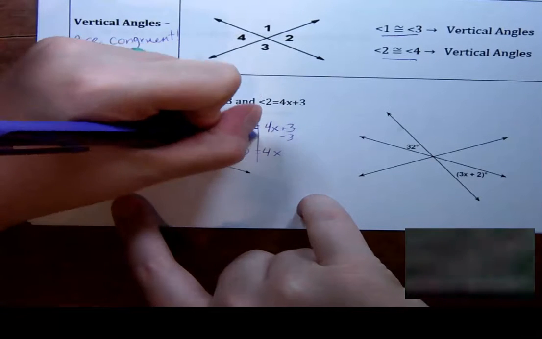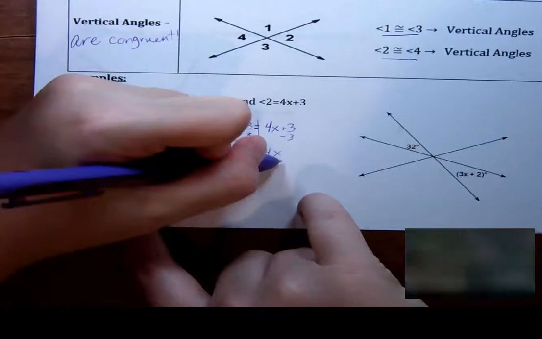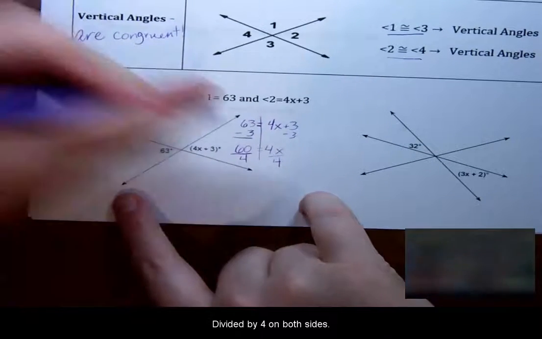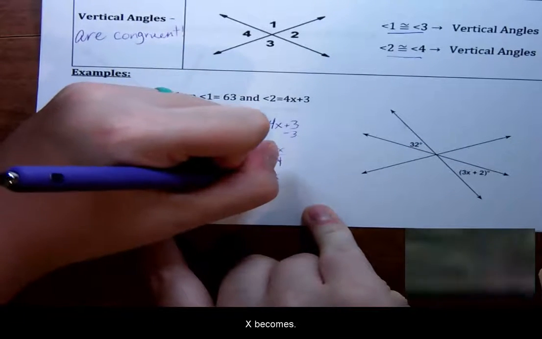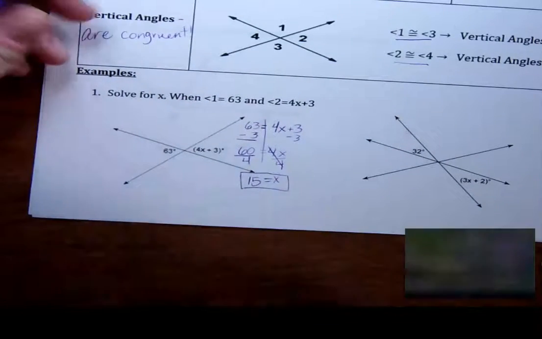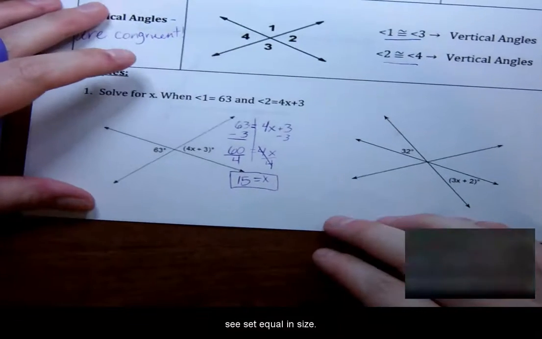I'm going to go ahead and draw a line with that equals sign. And divide by 4 on both sides. So x becomes 15. And that's all it is. So you set them equal. Anytime you have vertical angles, you set equal and solve.